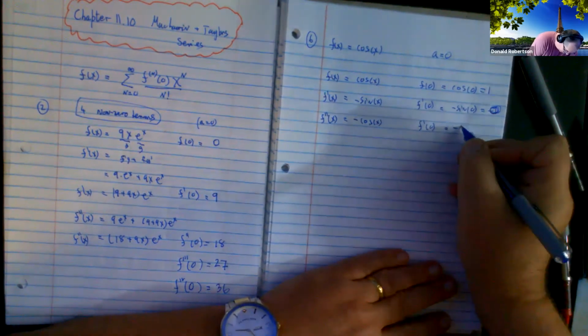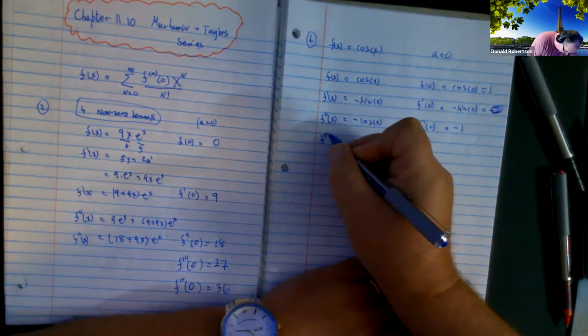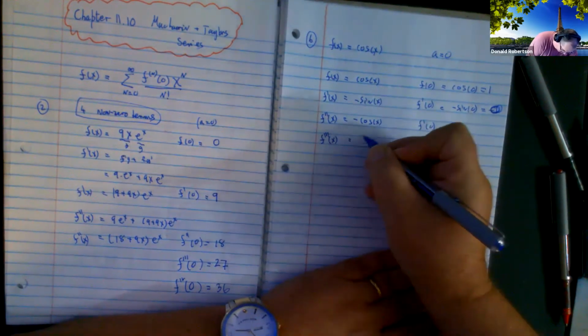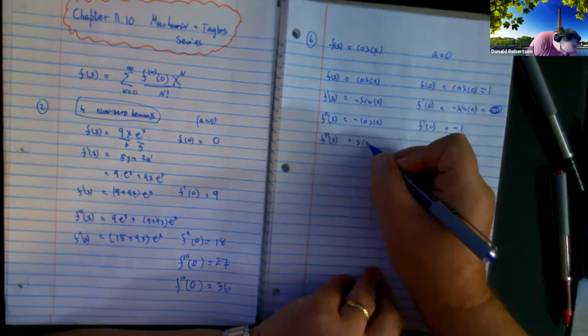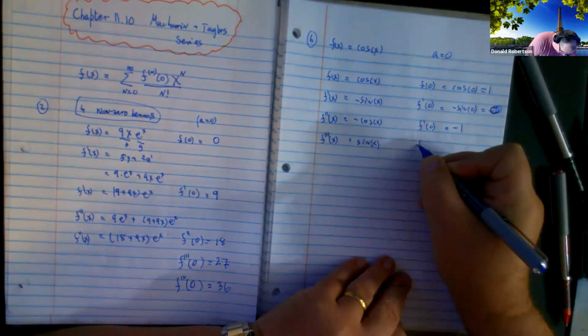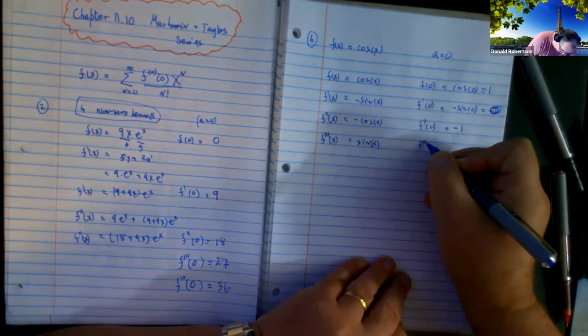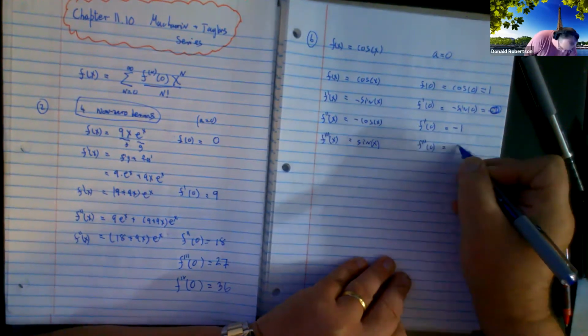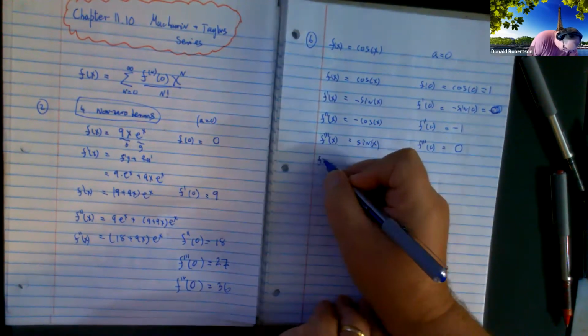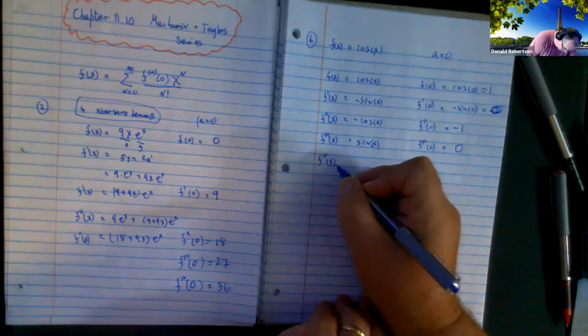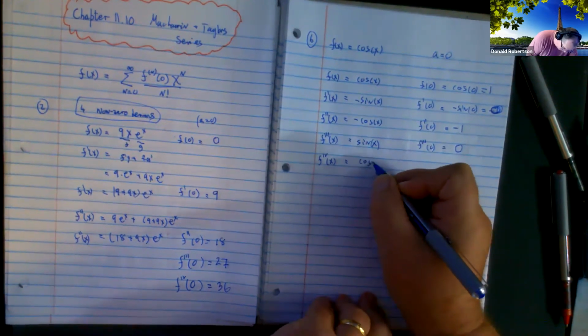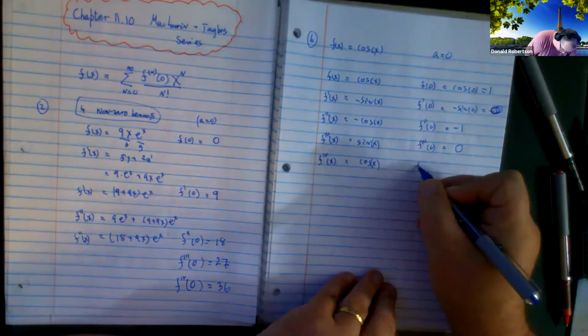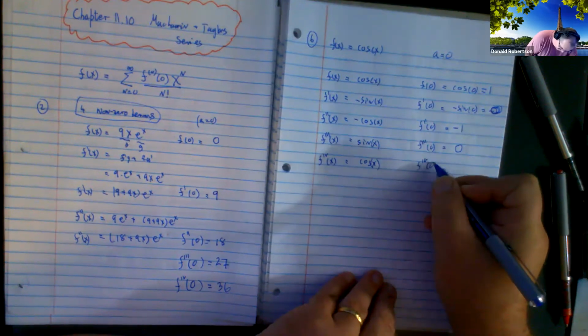The third derivative becomes sine of x, and the third derivative at 0 ends up being 0. One more derivative gets us back to cosine of x, and the fourth derivative at 0 equals 1.